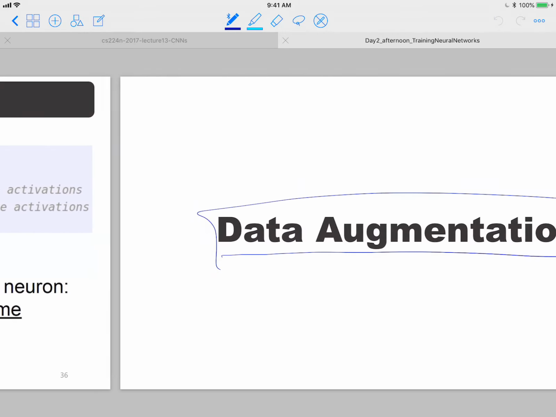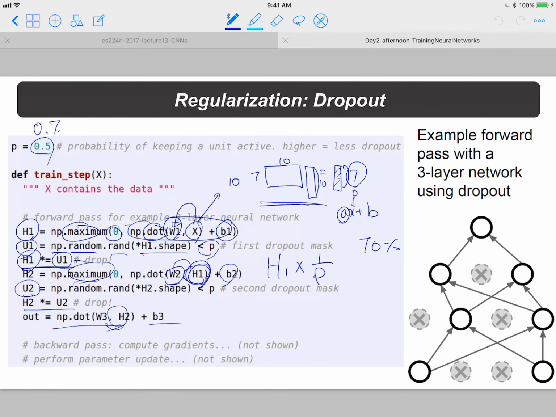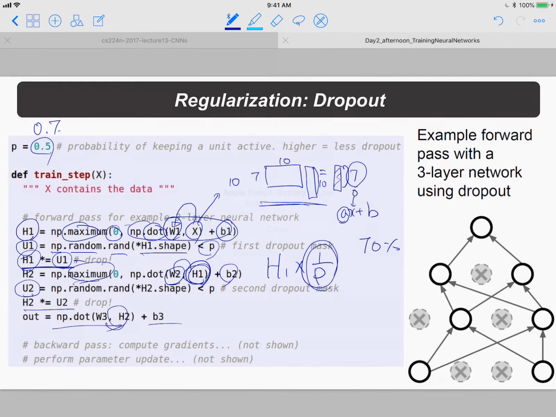That's why we have to multiply by p over here. But I thought of multiplying by 1 over p over here, and that way we can reconstruct the original magnitude, just like the situation where we use all the activations without dropout. Is it actually used or not?